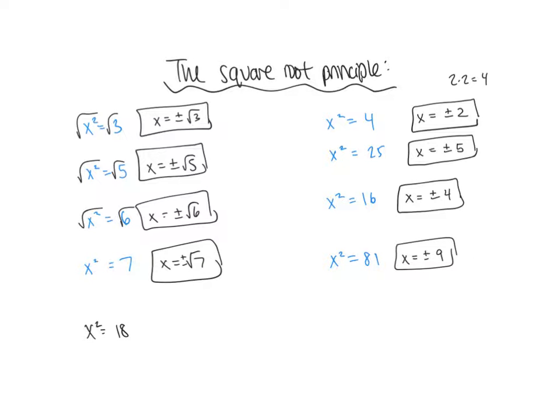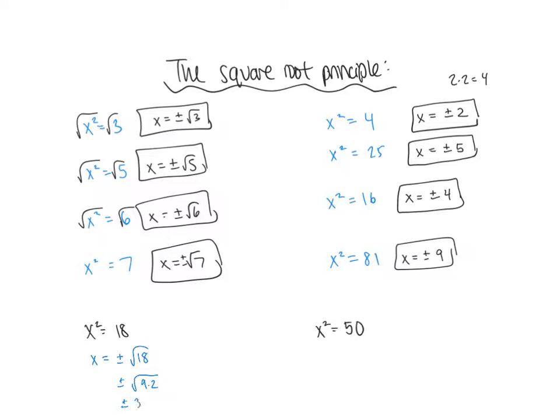Now let's say we have x squared equals 18 and x squared equals 50. When I take the square root, I have x equals plus or minus the square root of 18. Now this can simplify because 18 is 9 times 2. And the square root of 9 is 3.